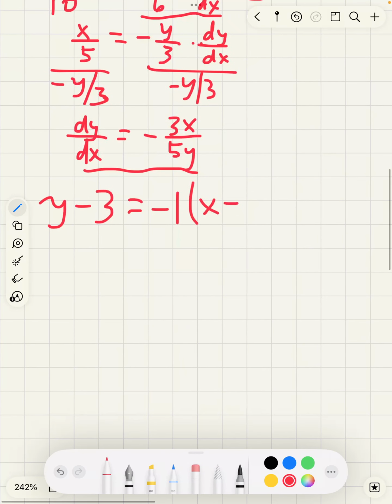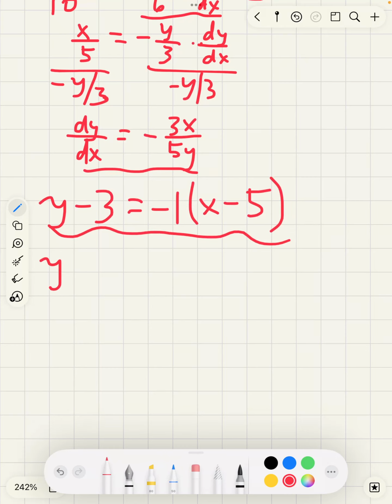And that's the equation for the tangent line. However, because your homework is online, it's going to want you to write it in slope-intercept form. So to do that, I'm going to start by distributing my slope. Distribute the negative 1. I get negative x plus 5. Then I'm going to add 3 to both sides, and I get y is equal to negative x plus 8. And that is the final answer.